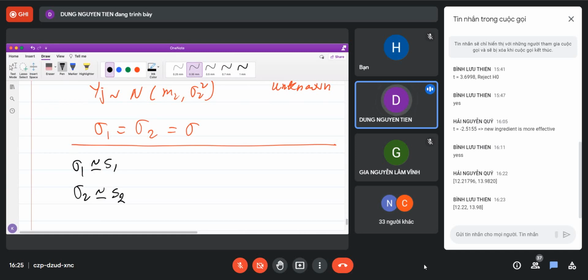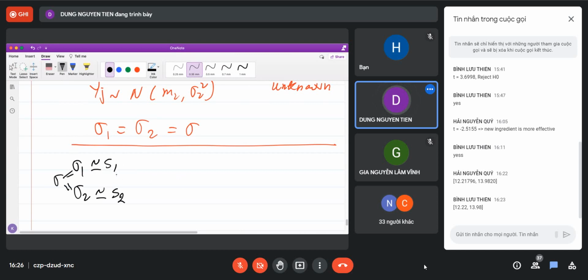There are two candidates, S1 and S2, but you have only one value to estimate, a single value, sigma. They are both sigma. Should I use S1 or S2 to approximate sigma? You cannot use both, but you can combine them somehow to approximate sigma to get a more accurate value.